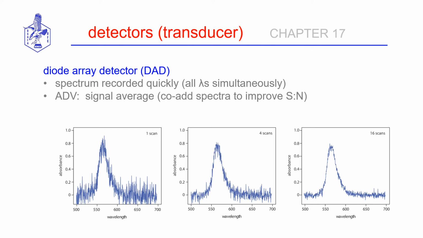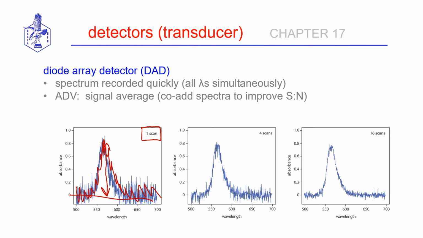With a diode array detector and the fact that we can collect a full spectrum instantaneously, we can exploit that by, instead of just collecting one spectrum, as is the case here, where you see we get a lot of background noise in the detection. That's going to limit my ability to determine the height, the magnitude, of that band.